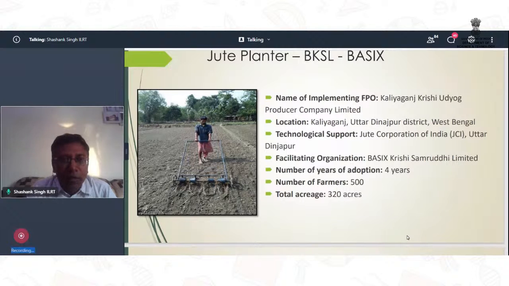The good thing was that they started with a small producer company group, but later the farmers themselves adopted it, and the farmer producer company is now promoting it. About 500 farmers are using it, so it is sustaining. This is a good example, which is why I took it here: the jute planter by BKSL. Next slide, please.